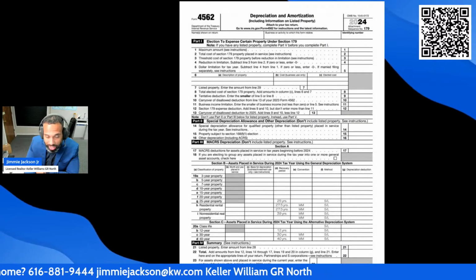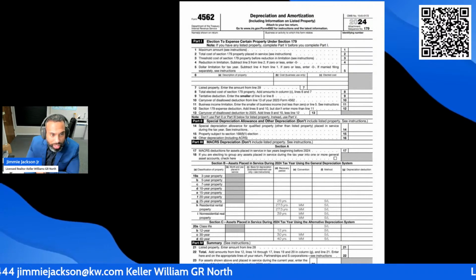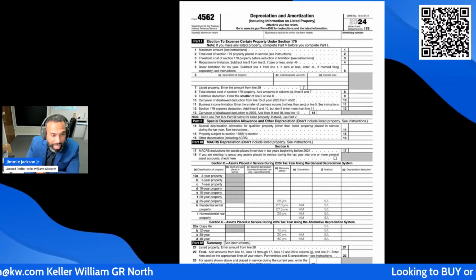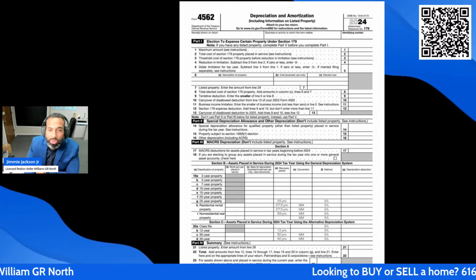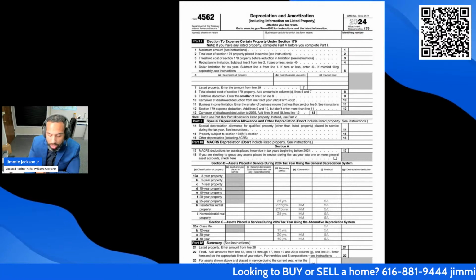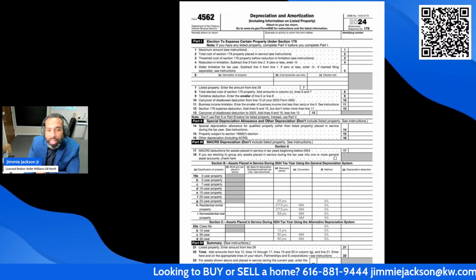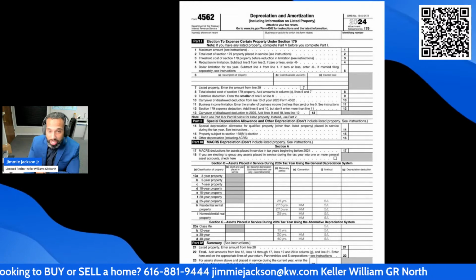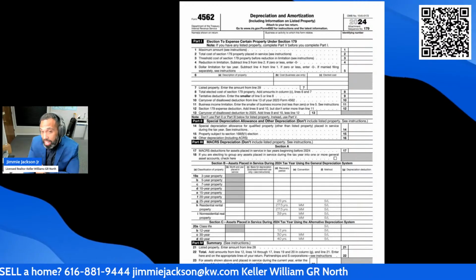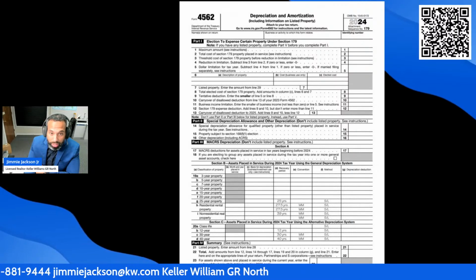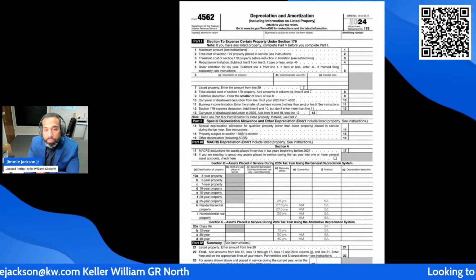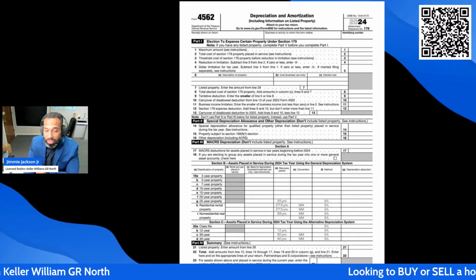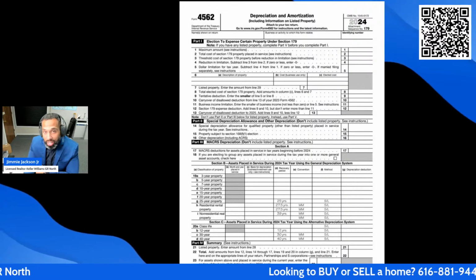That's another positive. They are non-cash deductions that reduce the taxable income. Just remember that depreciation allows real estate investors to deduct the cost of a property over a set number of years, even though the property may increase in value. That's definitely beneficial. So residential, 27 and a half years, commercial, 39 years.